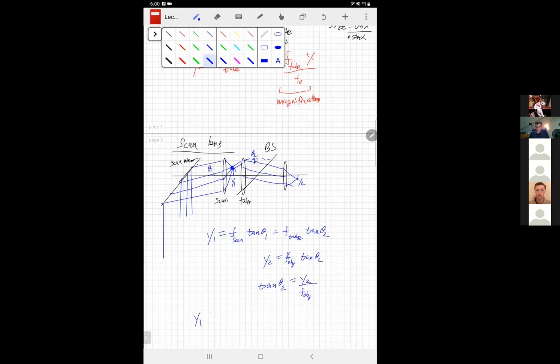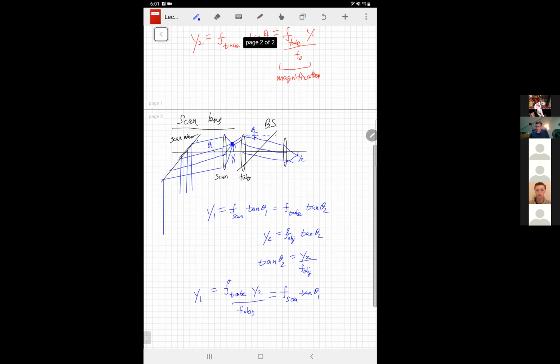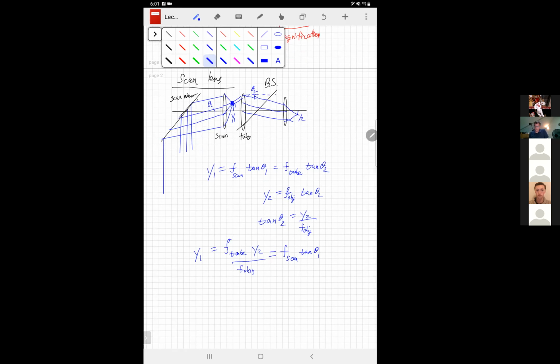So Y1 is equal to F tube Y2 over F objective, which is also equal to F scan tan theta 1.